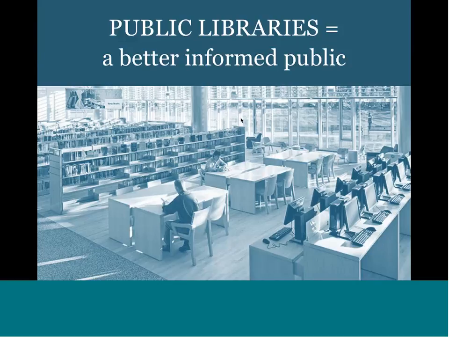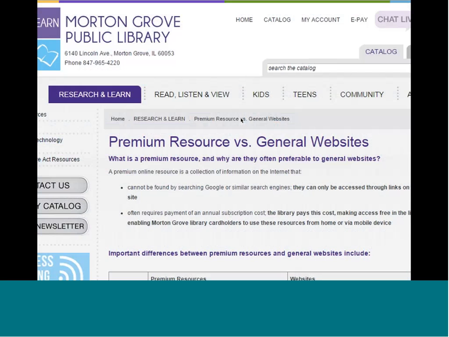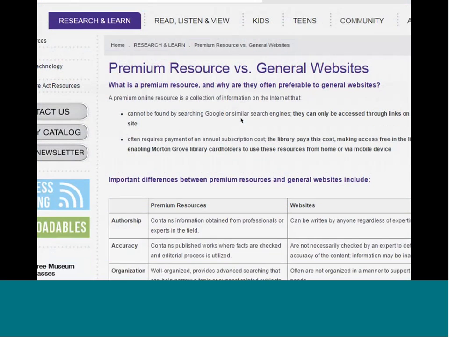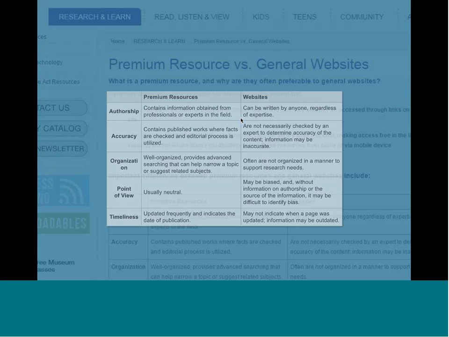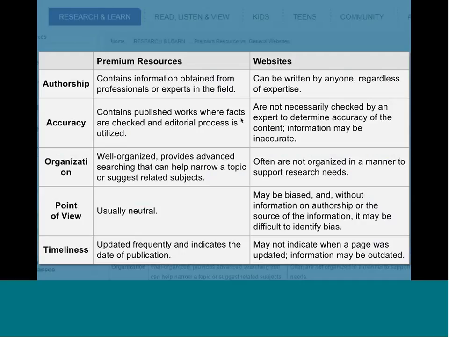When you have a better informed public, what you're actually doing is you're providing them resources. And I pulled this off of Morton Grove Public Library's page. I'm going to make sure I reference that. It's a great site, but it's the difference between premium resources and just what you can find on the open web. And it becomes immediately apparent to not only libraries, but also to that average user you run into on the street, that yes, it does matter who wrote that piece.